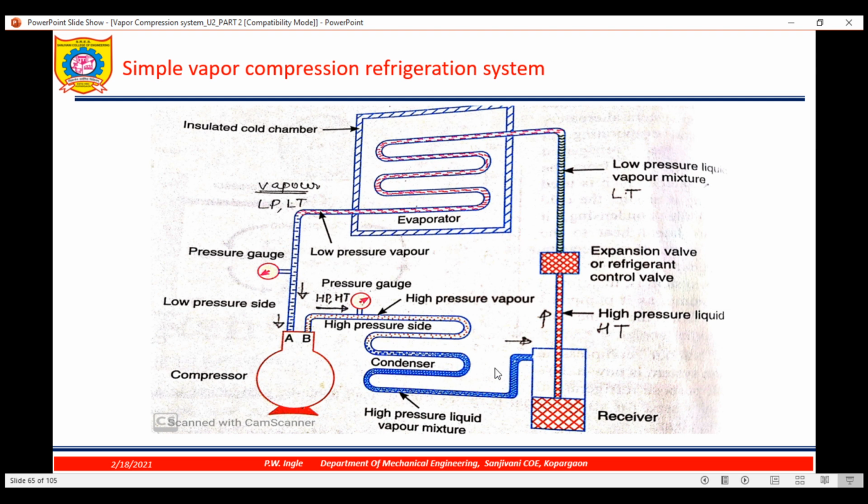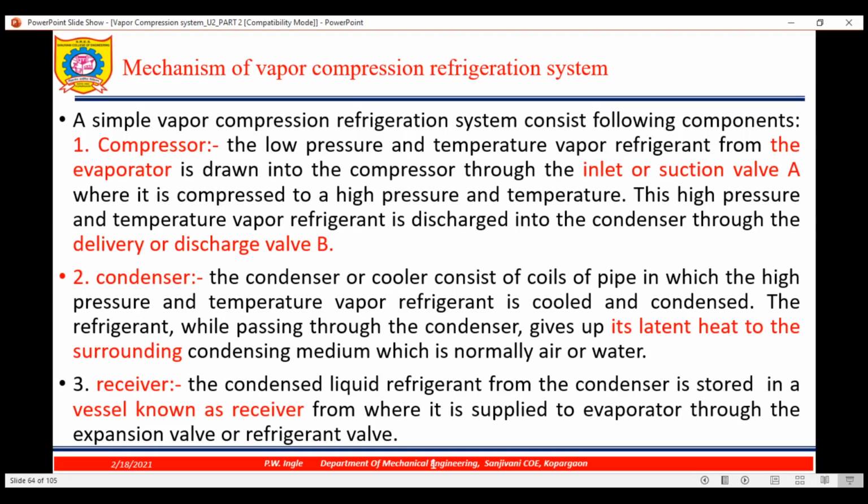Again, I am repeating: first one is evaporator, then compressor, condenser, receiver, expansion device. These are the main components. So I will read the details about these components.